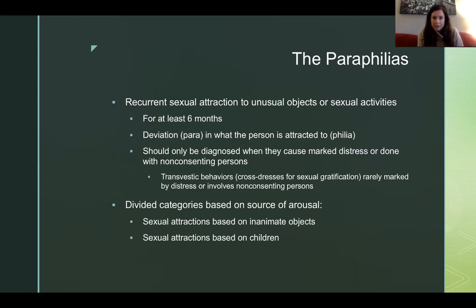So we've got a couple of categories here of paraphilias, and one is sexual attraction based on inanimate objects, and the second is sexual attractions based on children. So remember, everything we're talking about here is related to non-consensual and harmful acts that cause distress in the person's life or someone else's life.